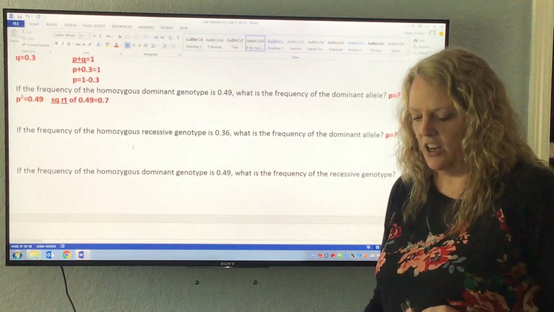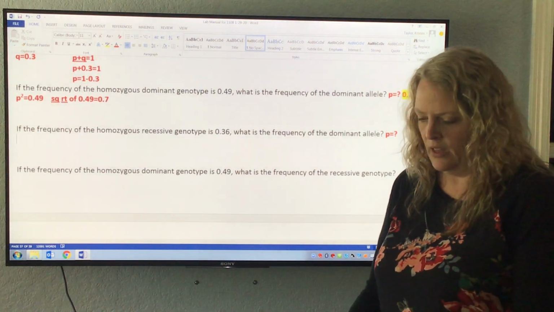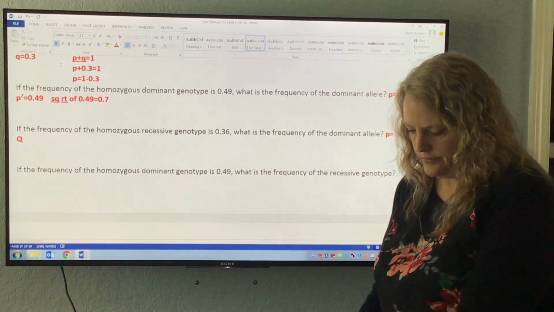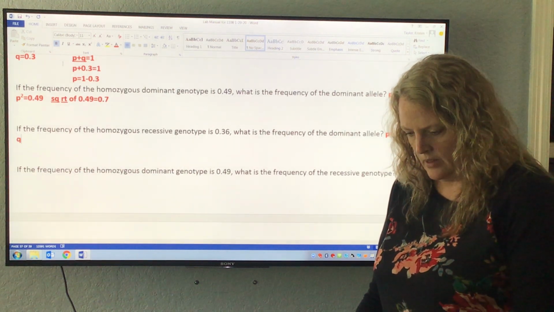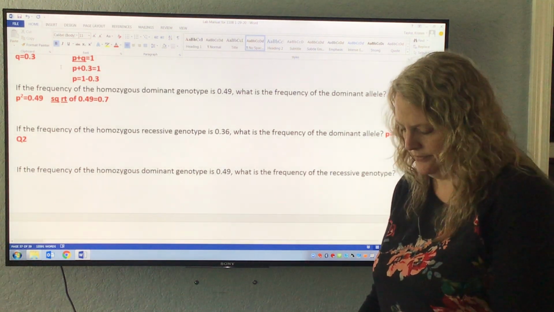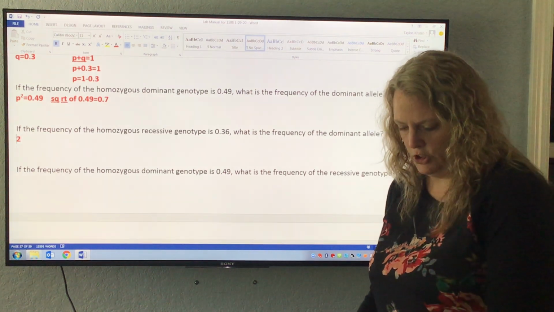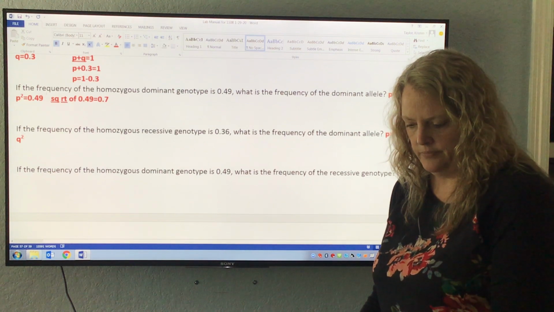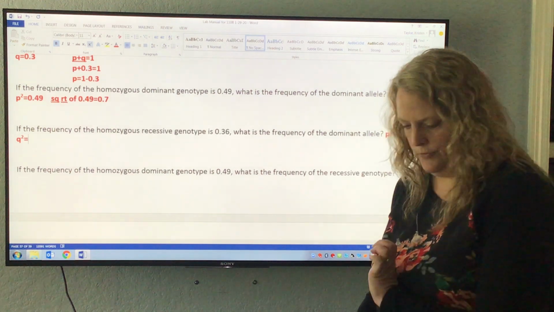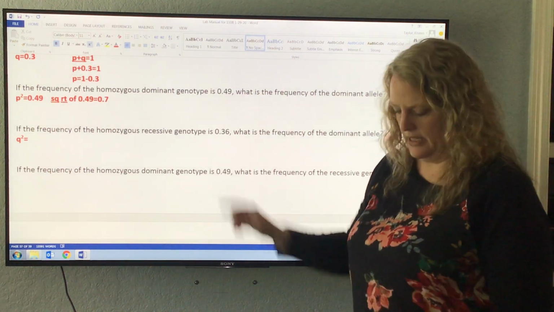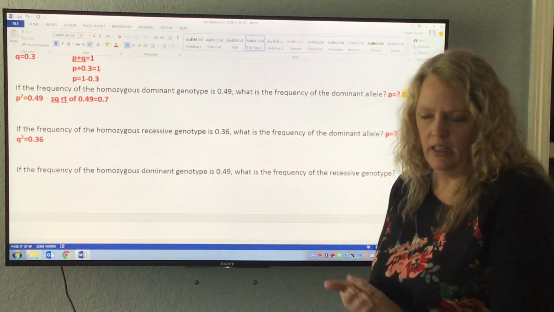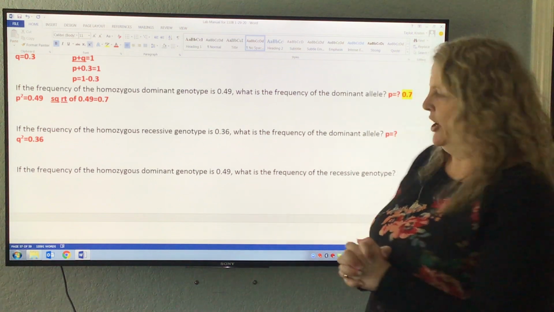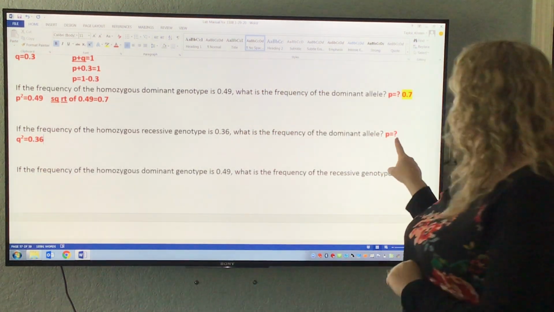So we're given Q squared, and that number is 0.36. So it's going to be a little bit more complicated, an extra step in math here. We're going from Q squared, and we have to solve for P.